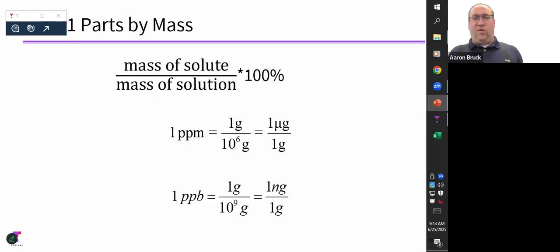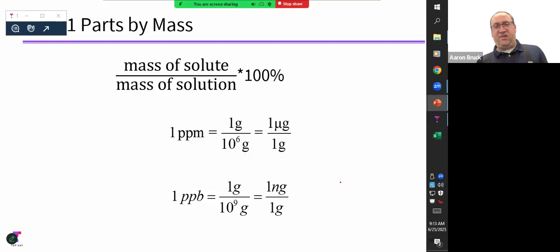And if you remember back to 105, these are common definitions of parts per million and parts per billion. So 1 gram per million, 1 gram per a billion, or if we want to standardize to the gram, 1 microgram or 1 nanogram.